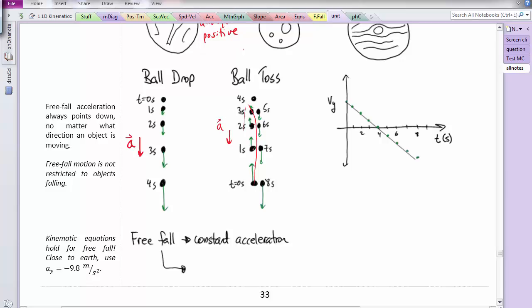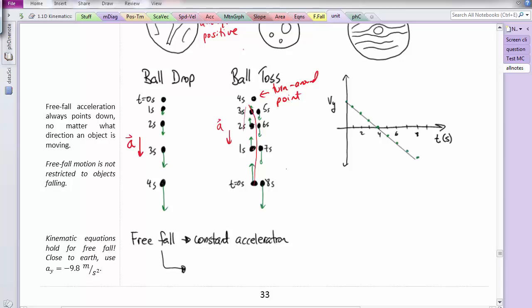At the very top is the turnaround point, where the ball comes to an instantaneous stop. And then on the way down, again we have negative acceleration because it's increasing speed in the negative direction.